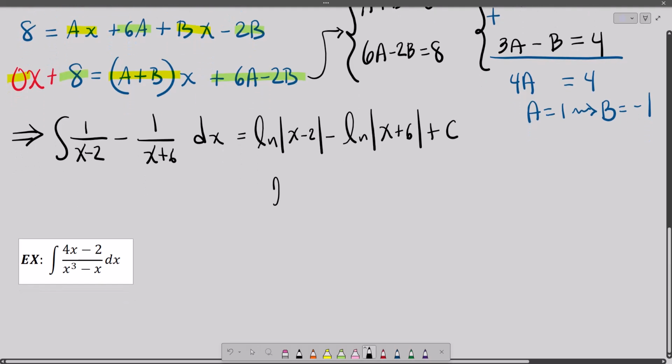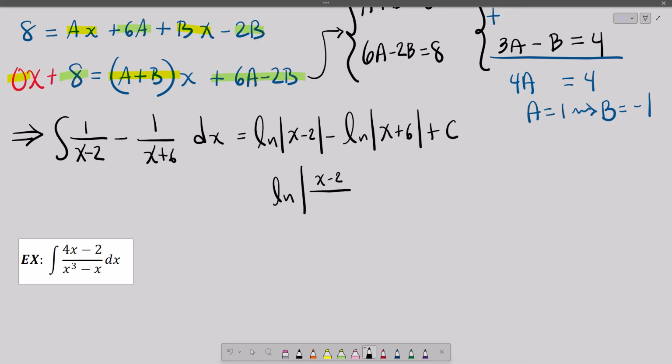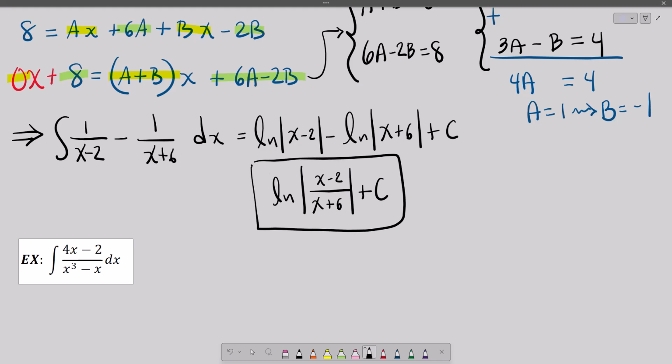And if we wanted to be fancy, we could combine these. Here we would need to leave the absolute values because there's no guarantee that what's inside is positive. So that is a very basic PFD. Two linear factors in the denominator.